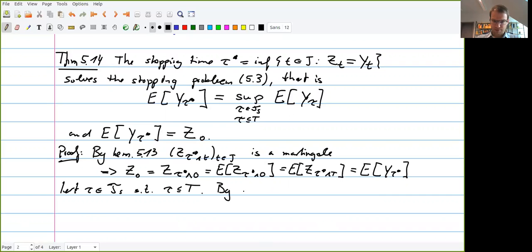Then we have our proposition we just had before, the first one we proved today: the Snell envelope is a supermartingale. So what does it tell us?